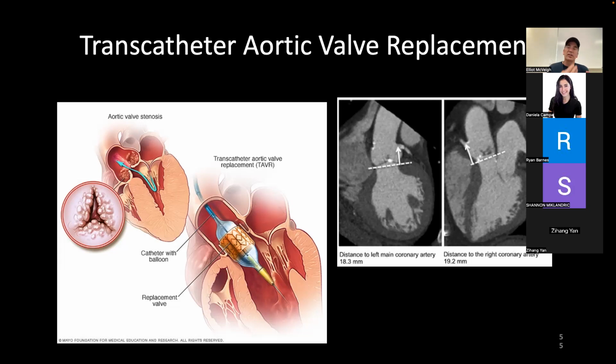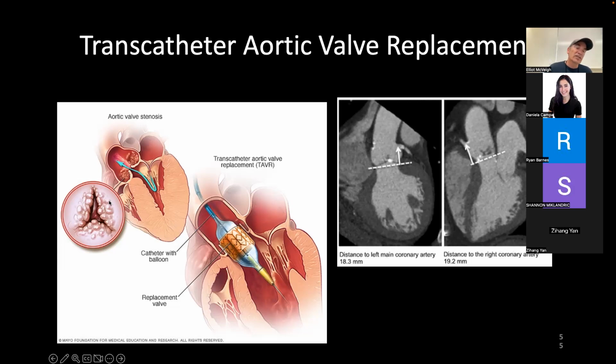It goes up their femoral artery in their leg and up their aorta to the location of the valve, and then you push it across the valve. And you align it. What's mounted on this catheter is a new valve that's expandable, right? And so then you expand this new valve into the space.